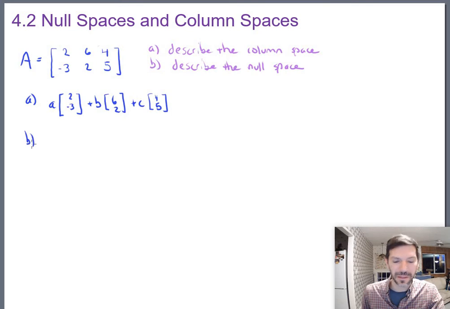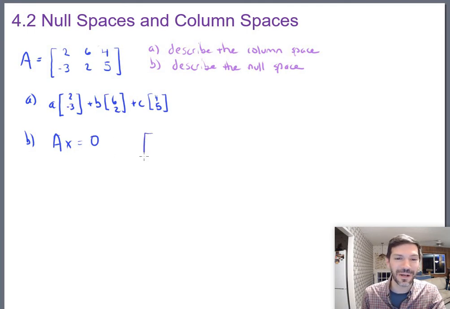The null space takes a little bit more work. I want to know every vector that I can multiply by A and get 0 as a result. So I'm basically solving Ax equals 0.